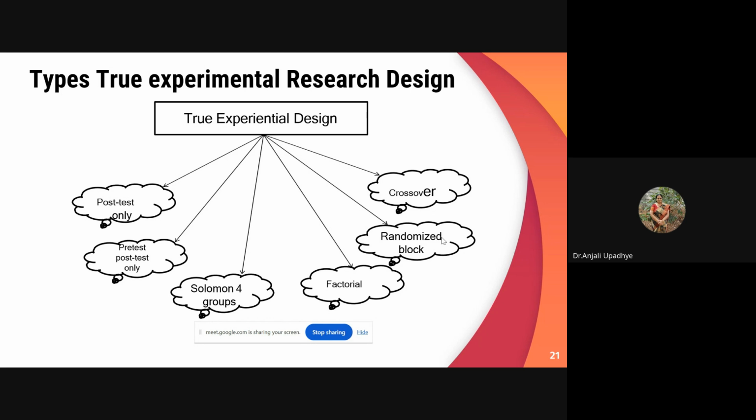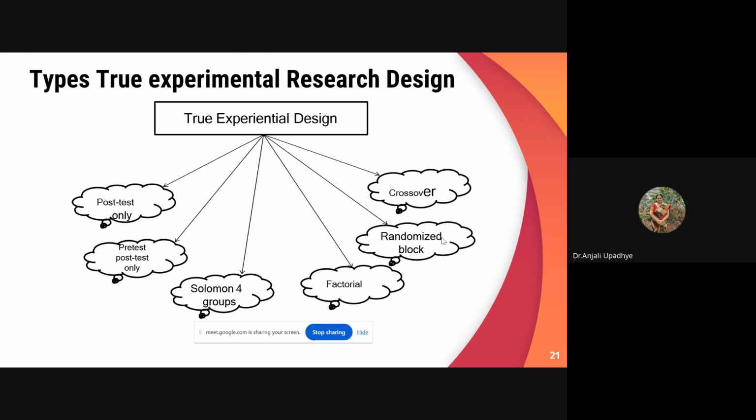After some time, the experimental group is treated with drug B and the control group is treated with drug A. So there is a comparison between drug A and drug B, and drug A before and after, and again drug B before and after. In this way, there are six combinations, which is a crossover. This is called a true experimental research design.